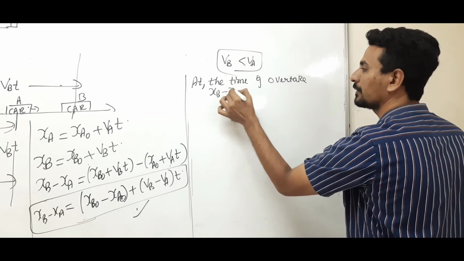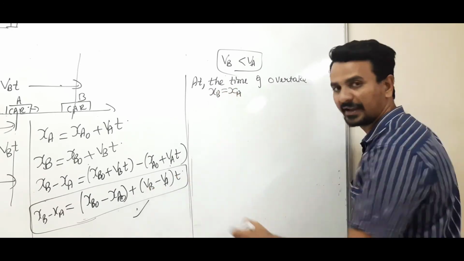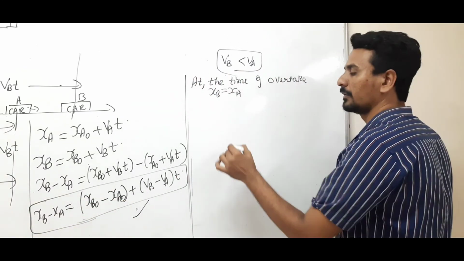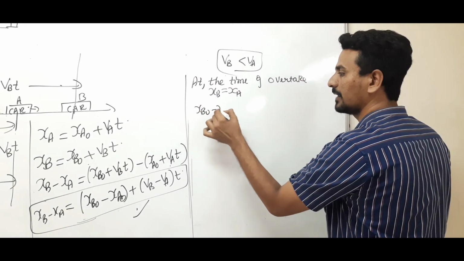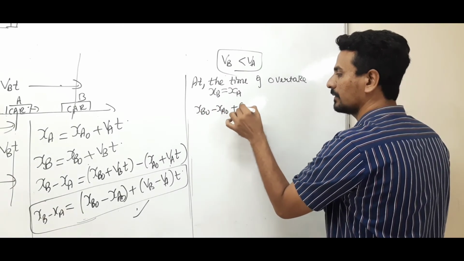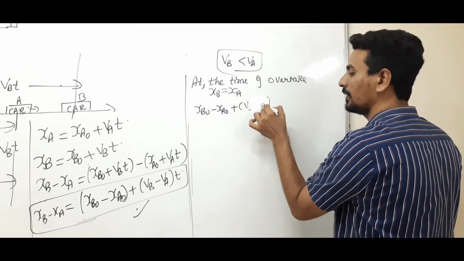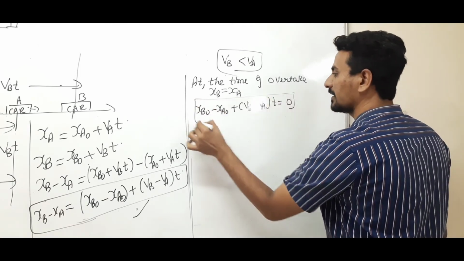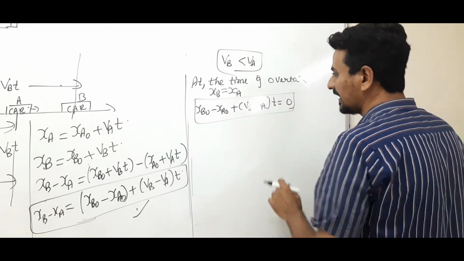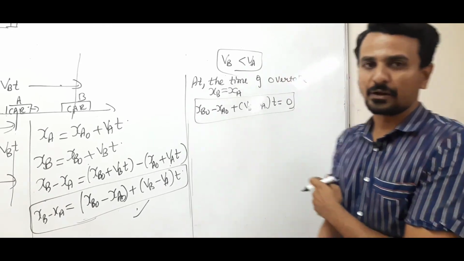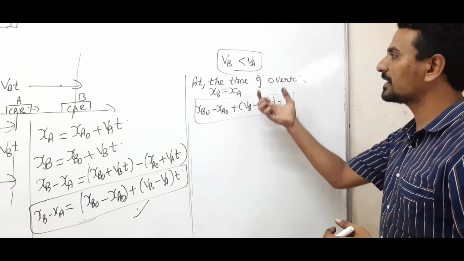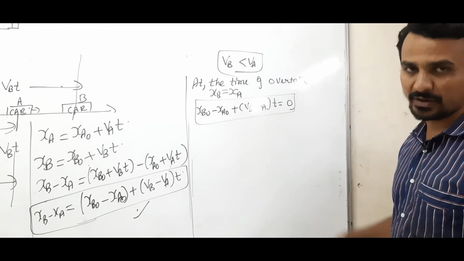That means xb equals xa. So xb minus xa will be 0. So we'll have xb0 minus xa0 plus (vb minus va) into t equals 0. These are the things we'll need while solving questions based on relative velocity, right? So this will happen when A will be overtaking B.